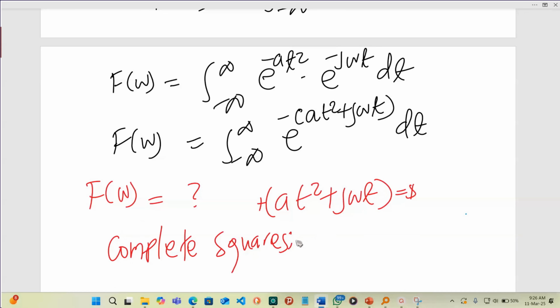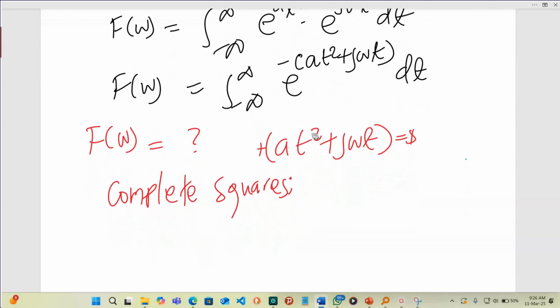So we complete a square and say this is a into t plus, remember this a is outside, so we need to find a way of killing it inside, j omega out of 2a.